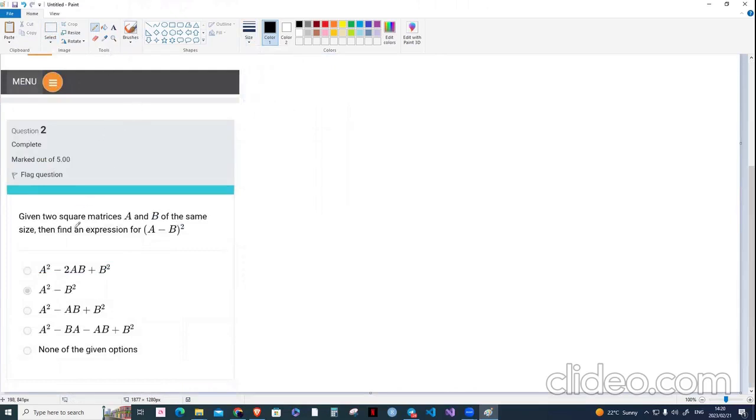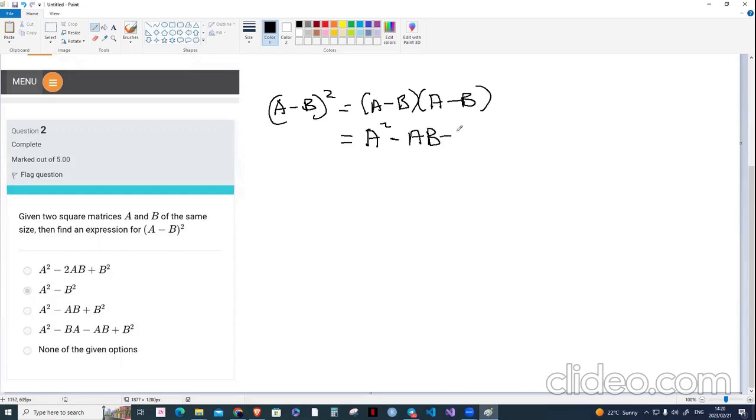Question 2. Given two square matrices A and B of the same size, find the expression for (A minus B) squared, which is the same thing as (A minus B)(A minus B), which is equal to A squared, A times A, then AB, then we come here, minus BA, and then plus B squared.